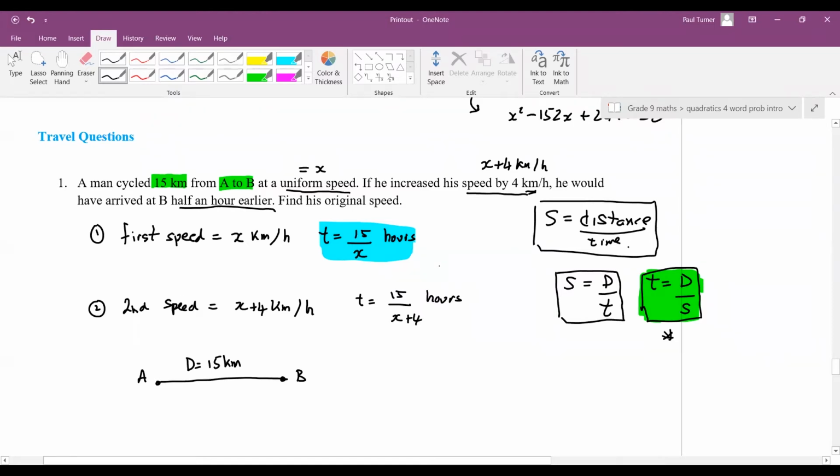Okay, and it says if he increases his speed, he's going to arrive at B half an hour earlier. So if we subtract these two fractions here, we should get 30 minutes.